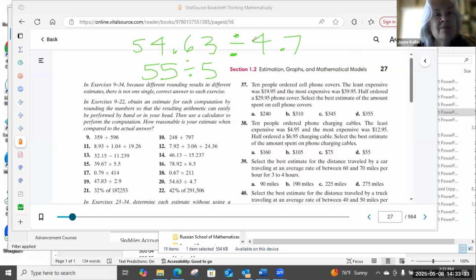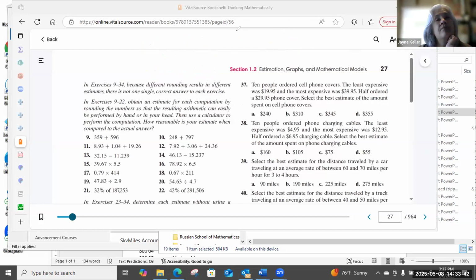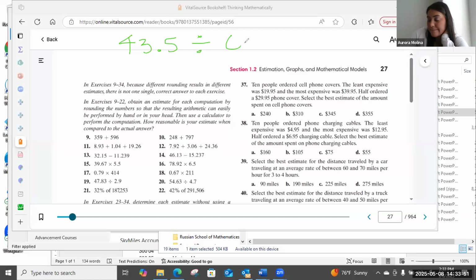And then sometimes, if I had, let's just change these numbers just a little bit. Okay, so if I just round these, then I would round 43.5 to 44.